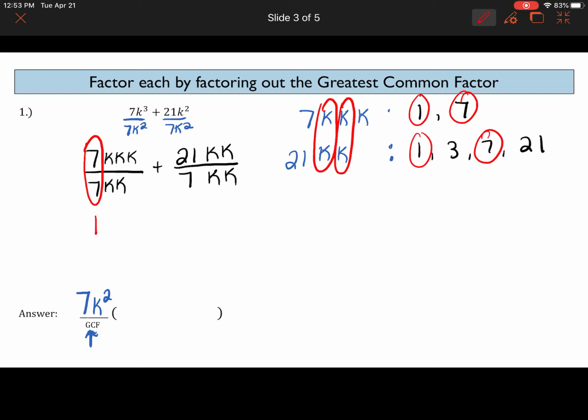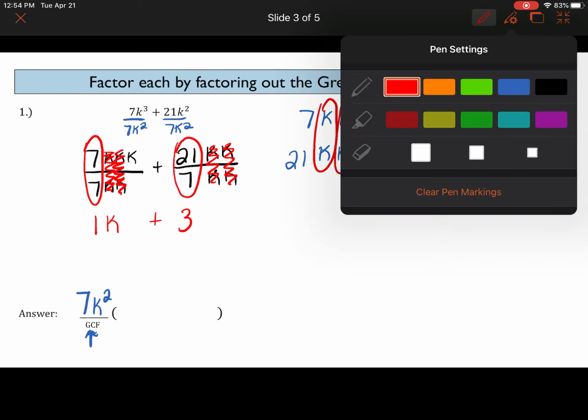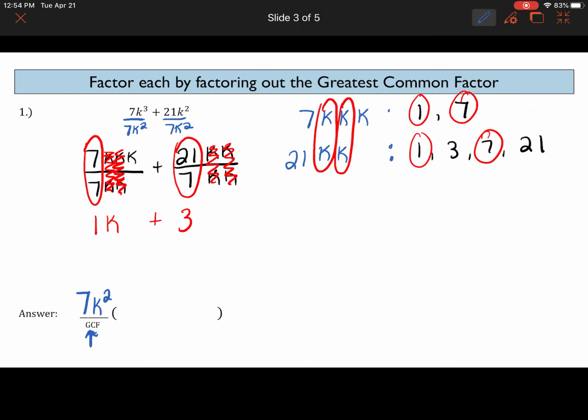And for the variables, you pair them up and you cancel them out. So k on top of k, cancel. k on top of k, cancel. We're left with 1k, so I write k. I go to my second term. 21 divided by 7 is 3, so plus 3, and my k's cancel, I'm left with no variables. So this is what I'm left with here, 1k plus 3, that goes inside my parentheses.